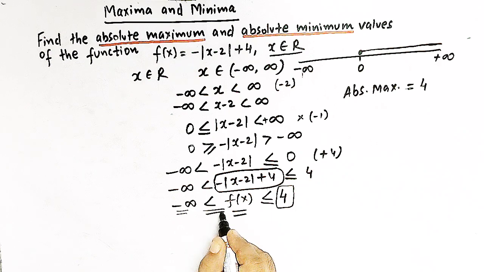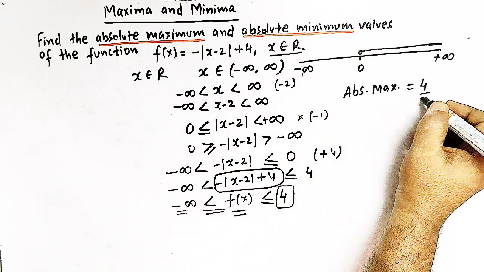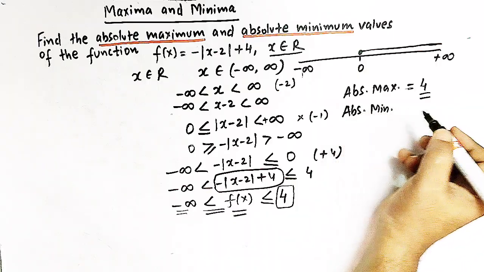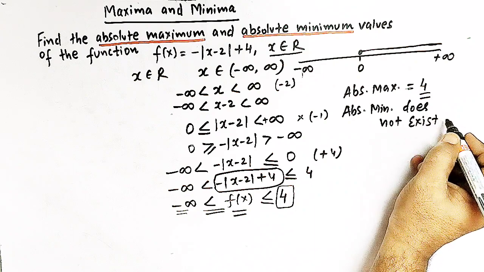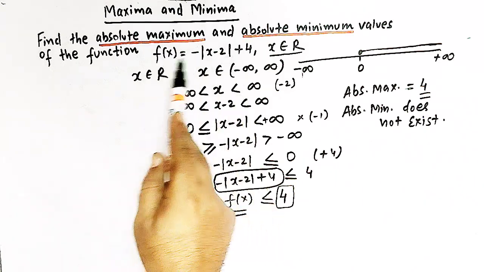So from this inequality we can conclude that this function does not have any absolute minimum. That is, the absolute minimum value of this function f of x doesn't exist, right? So the absolute maximum is given by 4, and the absolute minimum value does not exist, right? So this is how we can find out the absolute maximum and absolute minimum values of functions of these types.